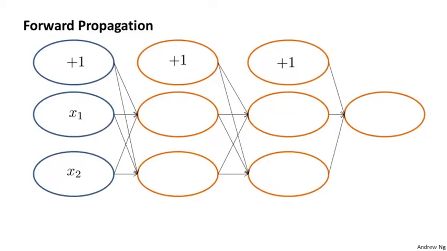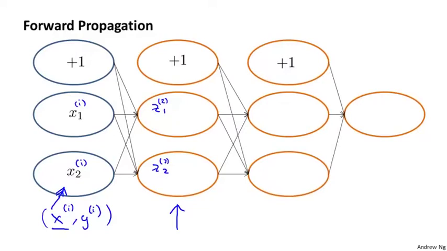When performing forward propagation, we might have some particular example, say x^(i), y^(i), and it will be this x^(i) that we feed into the input layer. So x^(i)_1 and x^(i)_2 are the values we set the input layer to. When we forward propagate to the first hidden layer, we compute z^(2)_1 and z^(2)_2. These are the weighted sums of inputs of the input units.